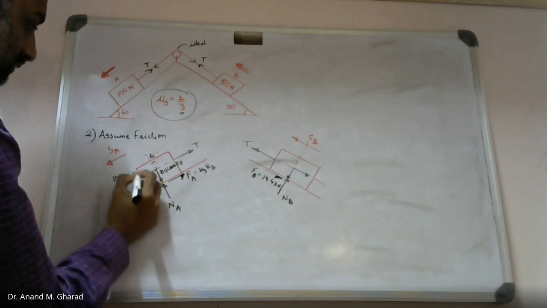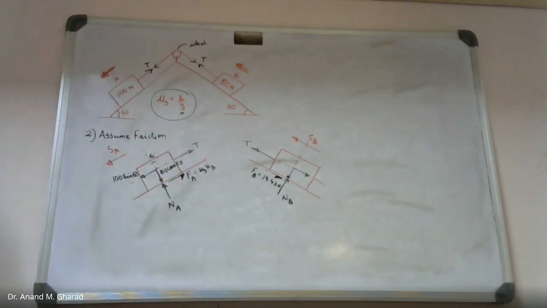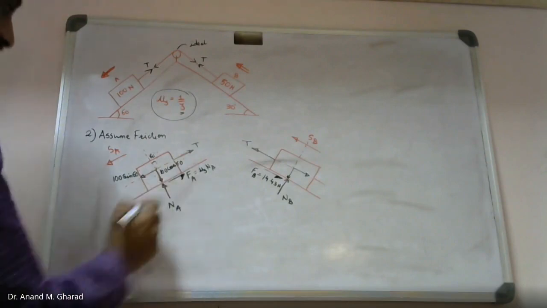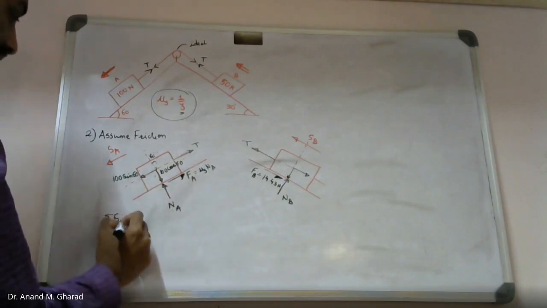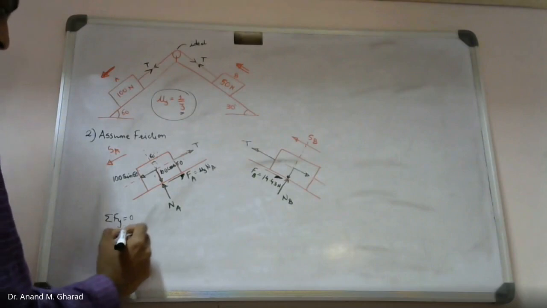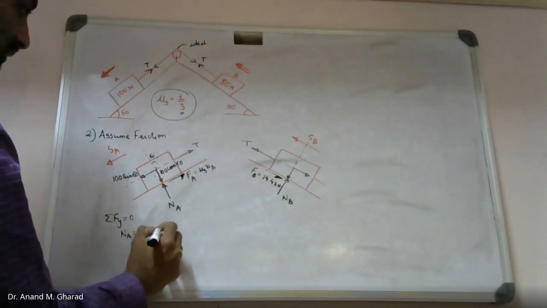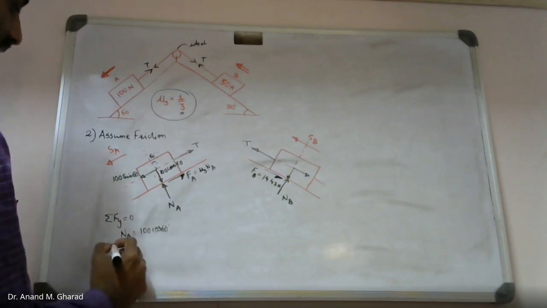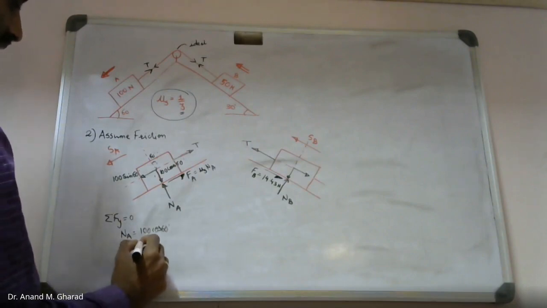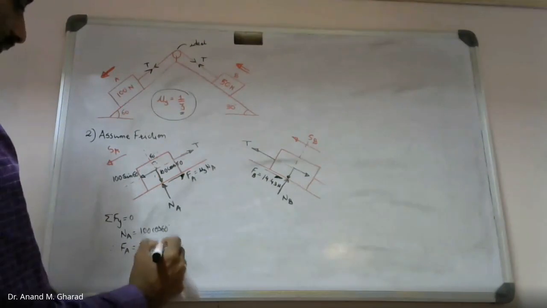Can you please tell me the value for FA? To find out the FA value, you just have to calculate summation of force in y direction equal to 0. NA comes out to be 100 cos 60, and therefore FA will be 1/3 of this value.